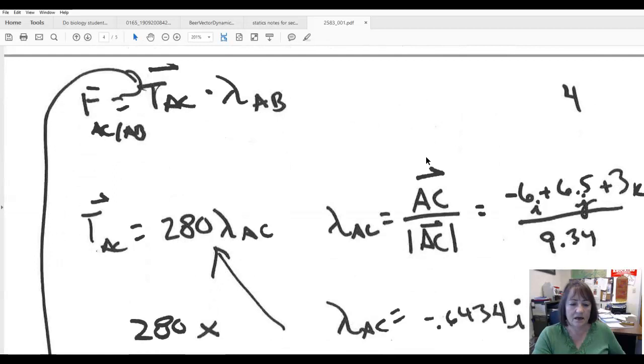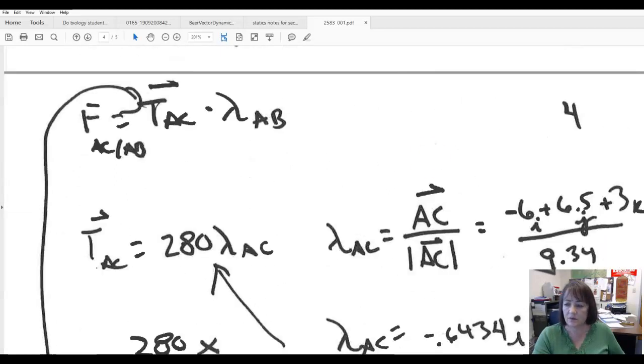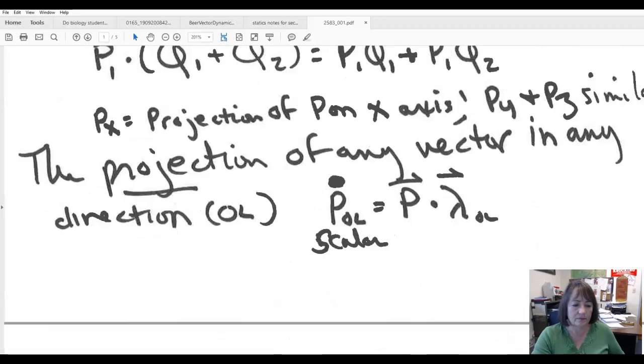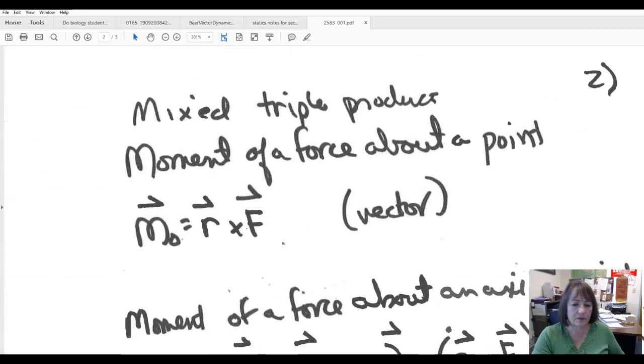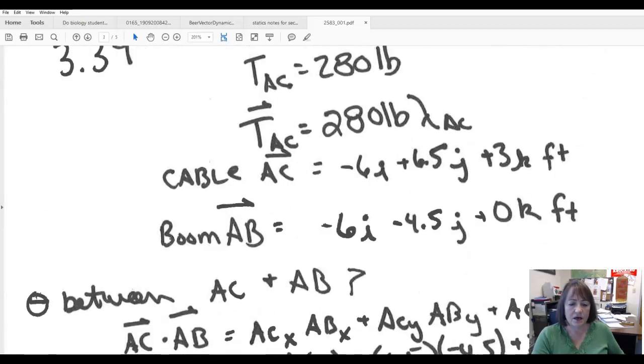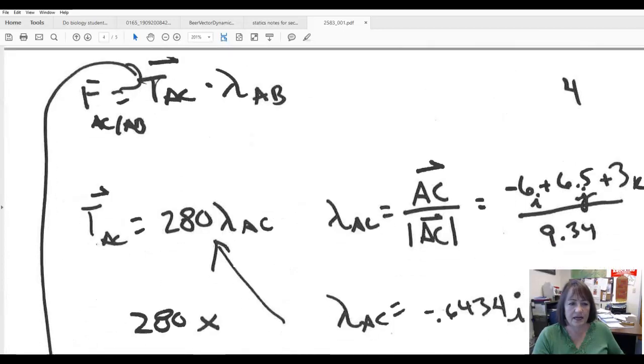All right. Now, the other thing they ask is, let's go back here to problem 3.39. They ask you to find the projection of that vector onto a different axis.